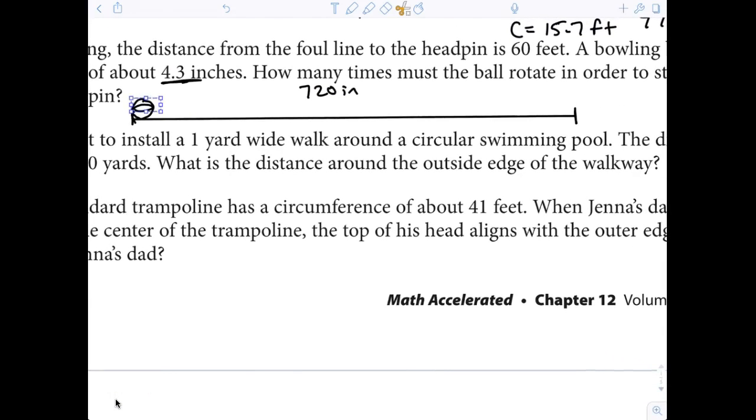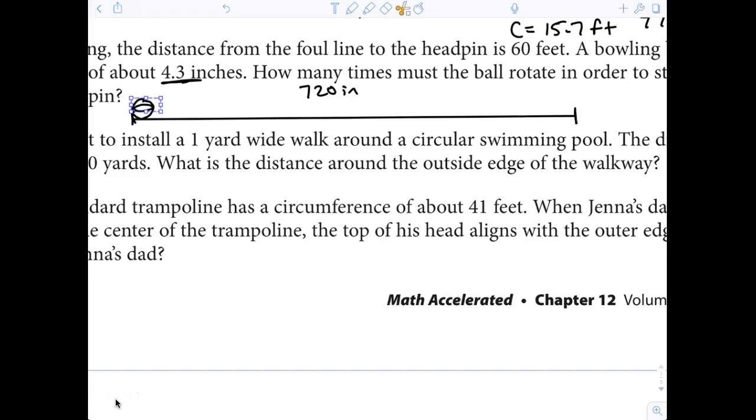If I take a ball and I roll it once, how far forward will it move? Girls, this is important. If I take a basketball and I roll it one time, how far will it roll?